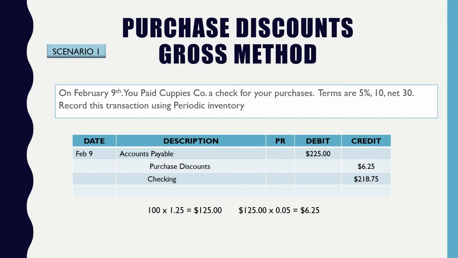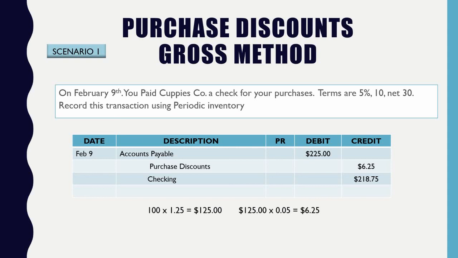Because you recorded it as the full price amount, you're going to record it for $225. However, what you're going to do is you're going to create another account, okay? And this other account is going to be for purchase discounts, okay?